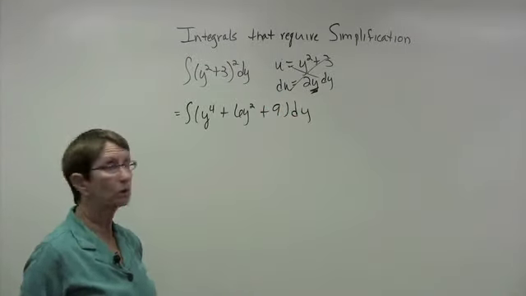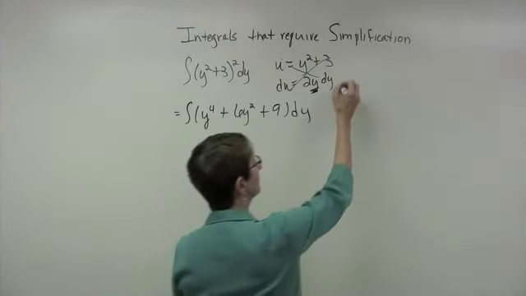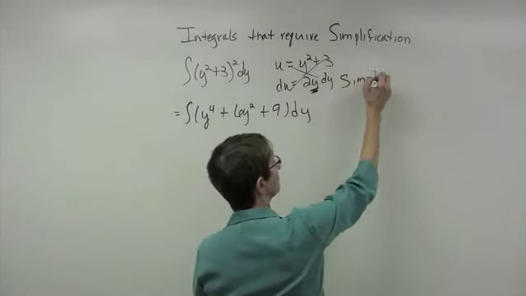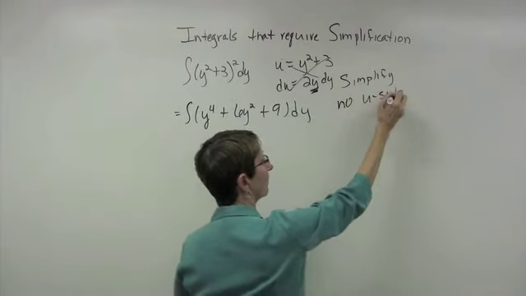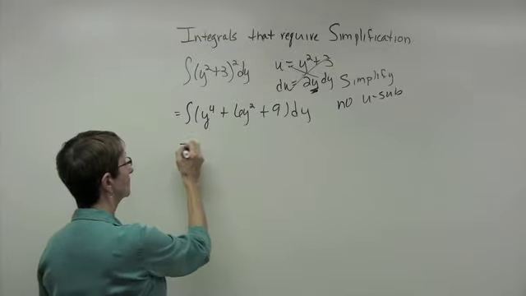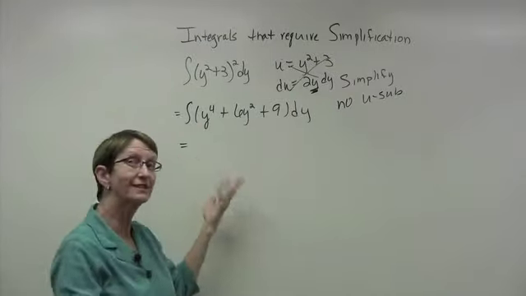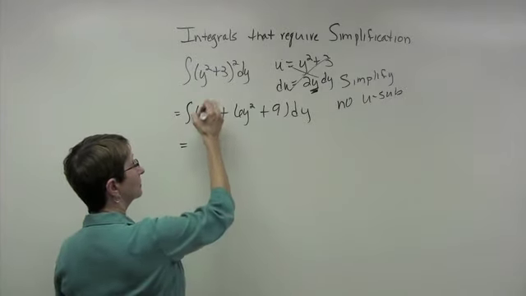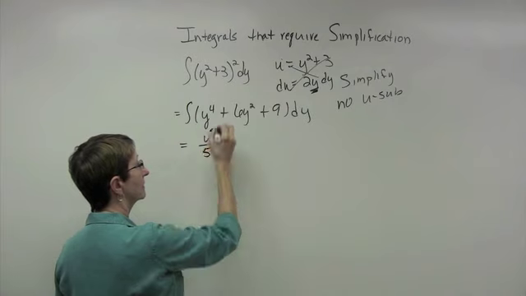And now what we have to work with is the sum and difference rule. So we had to simplify to do this one, but there was no use of substitution involved because our next step is to use individual rules, sums and differences. The antiderivative of y to the 4th would be y to the 5th over 5.